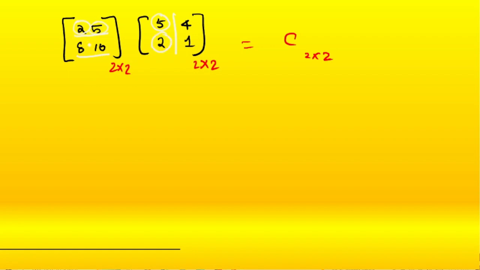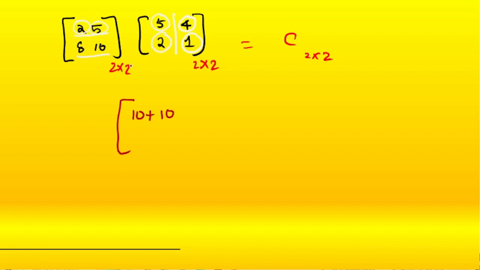First multiply this element: 2 5s are 10, then 5 2s are 10, plus 10. Now you got 10 and 10. Now consider this 2 and this 5 and multiply with 4 and 1. 2 into 4, 5 into 1 you have to multiply.